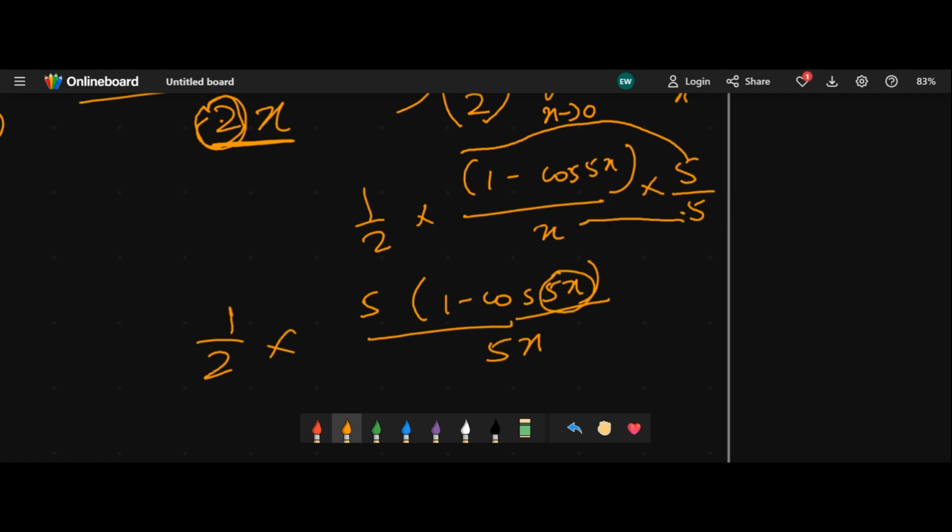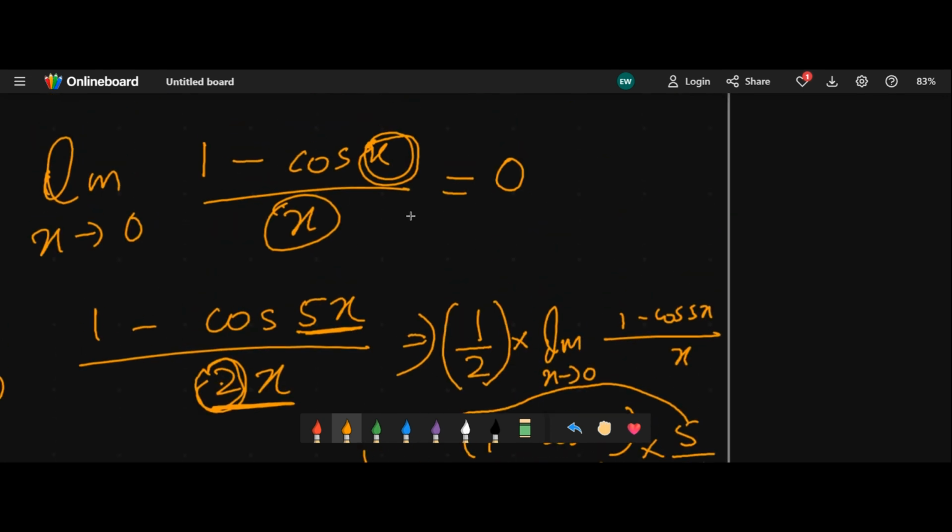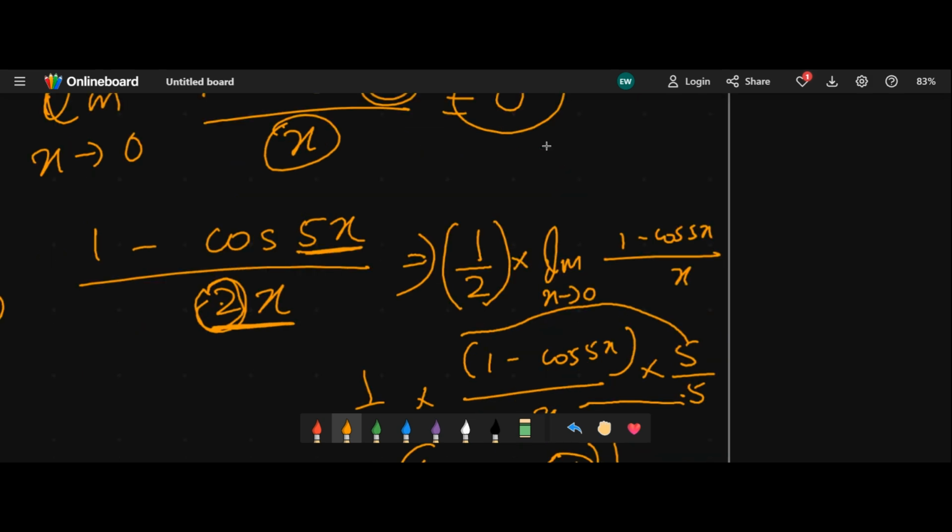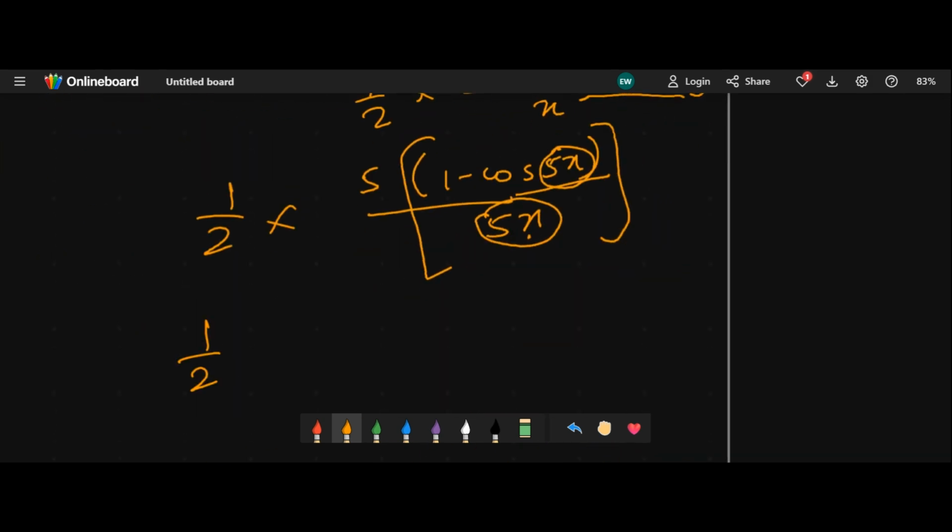Now you see the angle is the number in the denominator. So this is basically 0. So half into 5 into 0. Half into 5 is 5 by 2, 5 by 2 into 0 is 0. So the answer is 0.